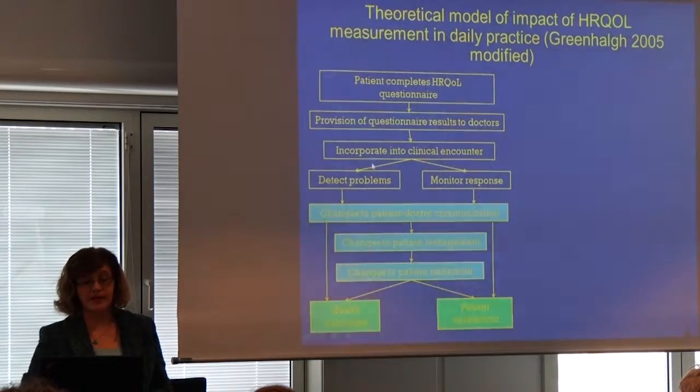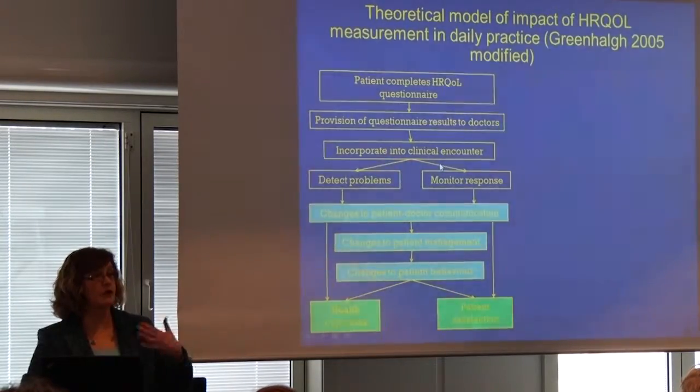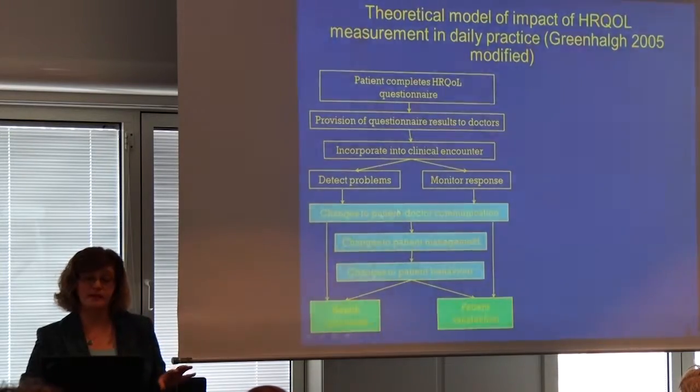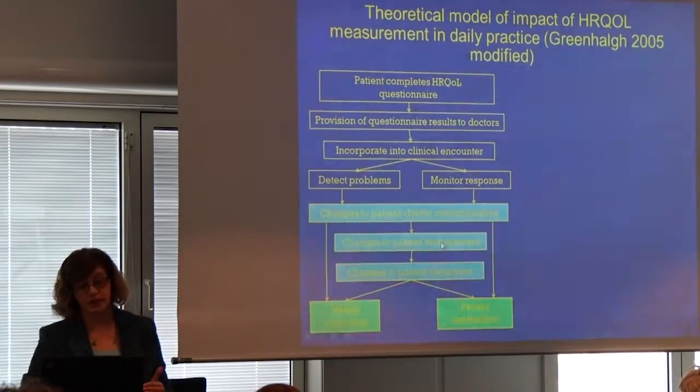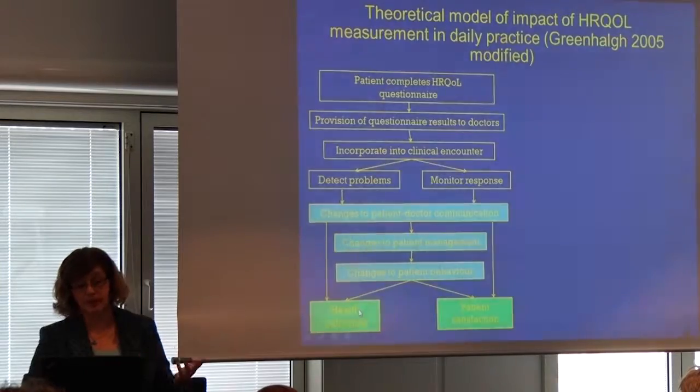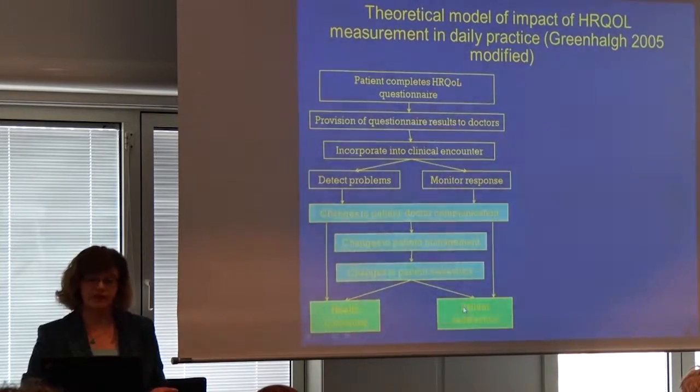So the first effect we'll see is on the communication exchange over here. And if this is helpful for the particular case, we expect to see changes to patient management, changes to patient behavior, and ultimately better health outcomes, better symptom control, better pain control, and better patient satisfaction.